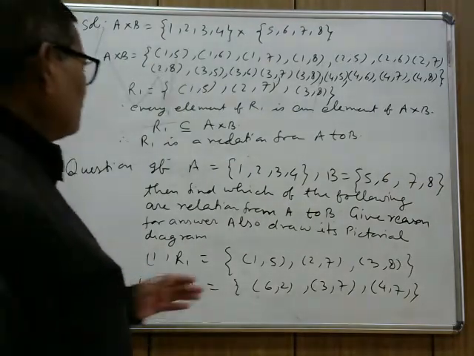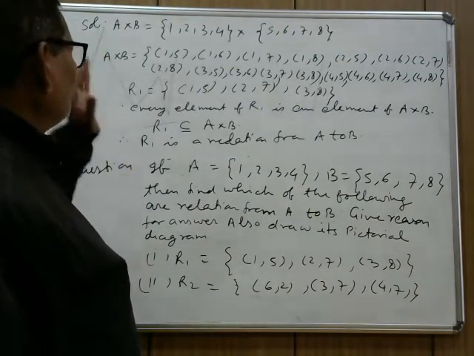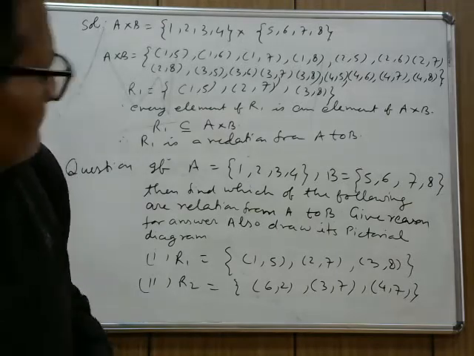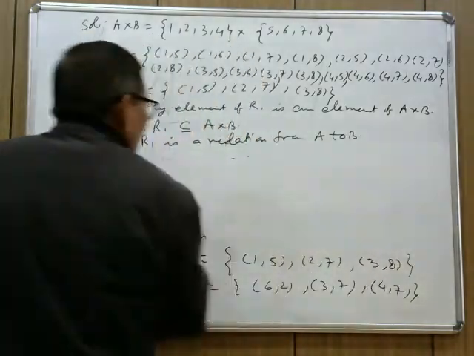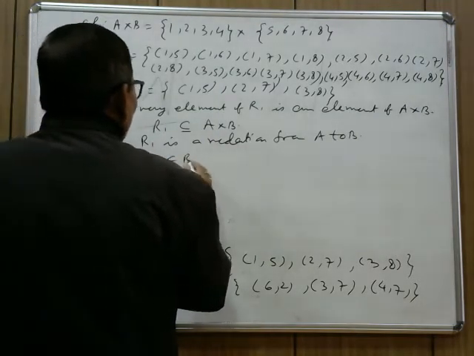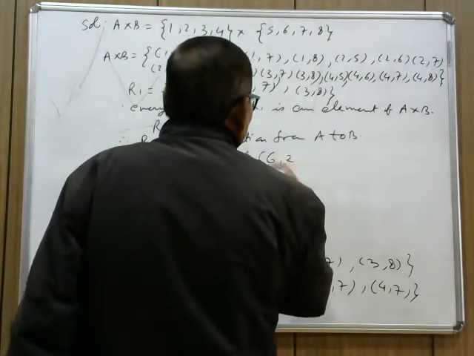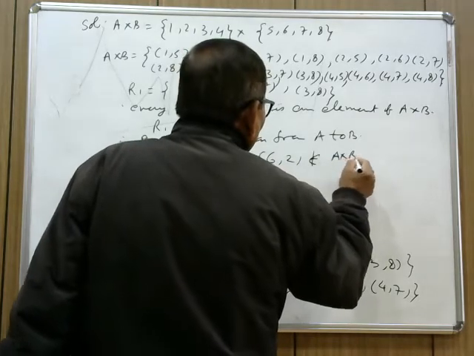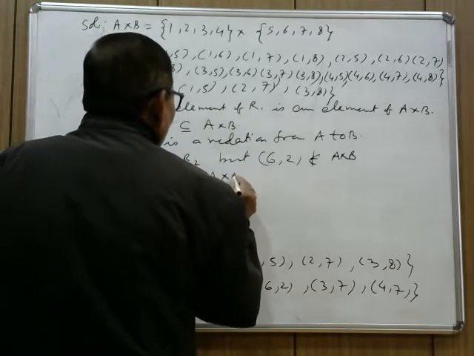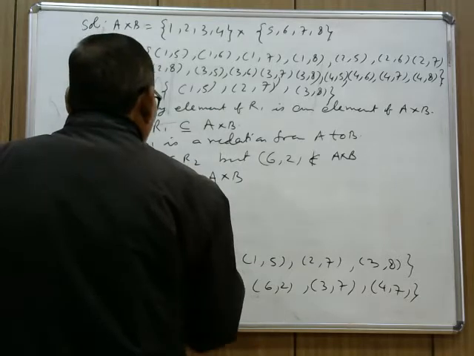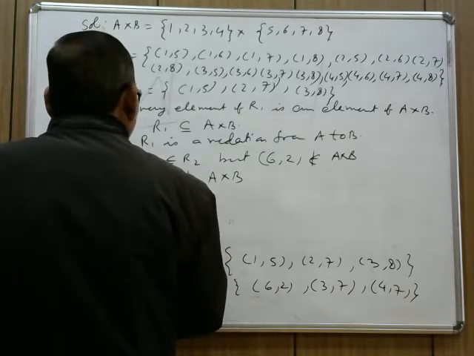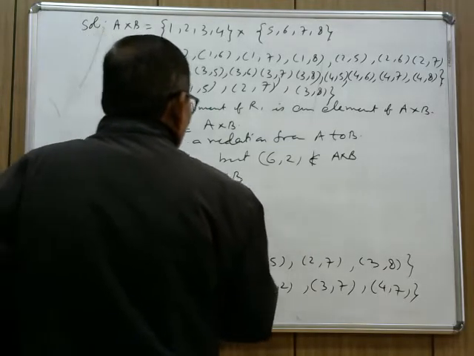What about R2? (6,2) is an element of R2, but (6,2) is not an element of A cross B. (6,2) belongs to R2, but (6,2) does not belong to A cross B. Therefore, R2 is not a subset of A cross B, and therefore R2 is not a relation.